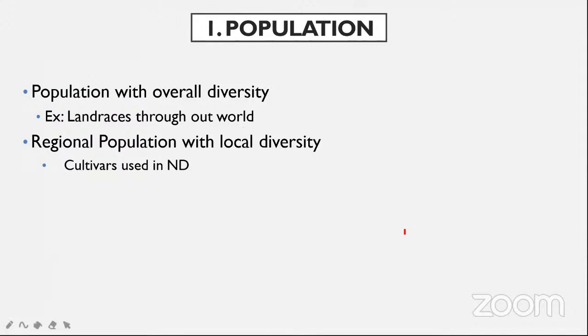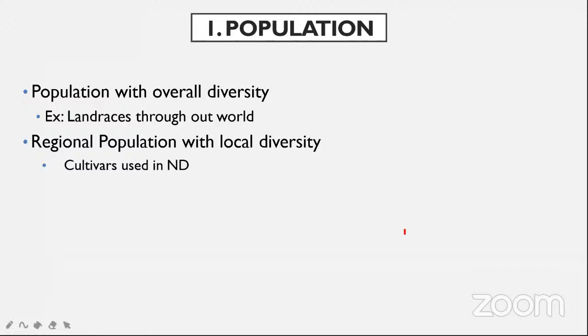When I talk about population, some of the examples are populations with overall diversity. For example, land races that are throughout the world. And you have regional populations with local diversity. For example, cultivars that are grown in one state. In my case, I said North Dakota. So when you take a regional population, your LD blocks will be high, fewer number of markers are okay, and you end up with coarse mapping, or your QTL and the marker are a bit apart.